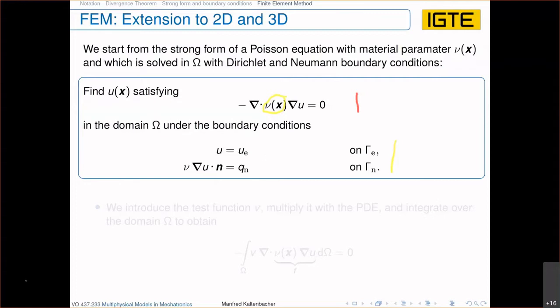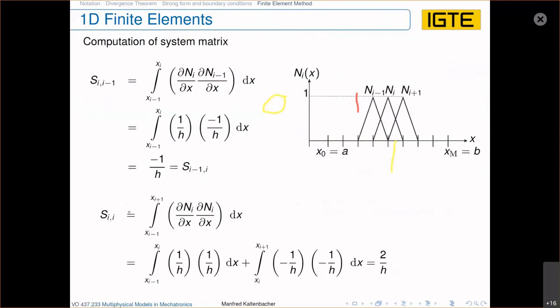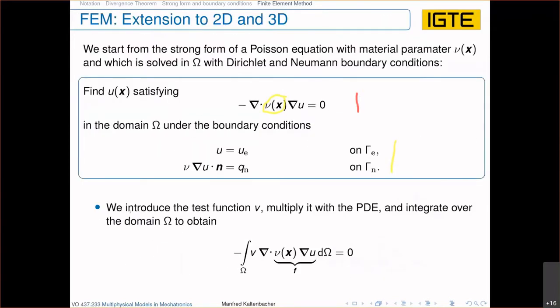Okay, so in this sense, we then have the following. As you know, our first step is to introduce a test function, and we call it v. So v is our test function here.